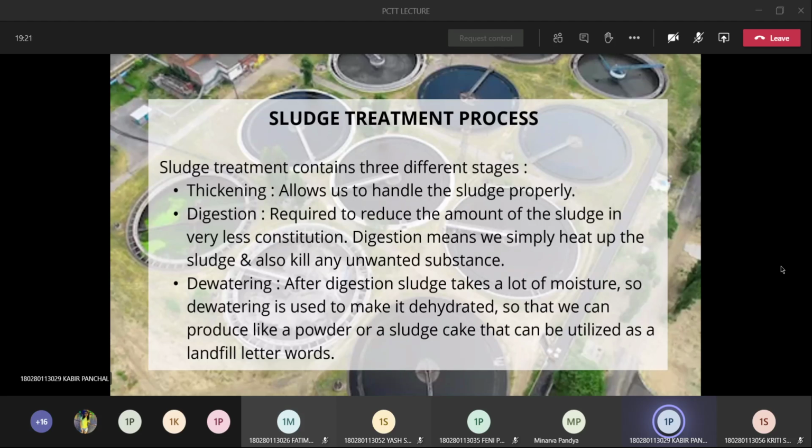Digestion means we simply heat up the sludge and also kill any unwanted substance. Third one is dewatering. After digestion, sludge holds a lot of moisture, so dewatering is used to make it dehydrated so that we can produce a powder or a sludge cake that can be utilized as landfill afterwards.